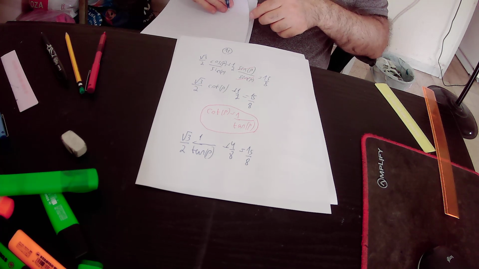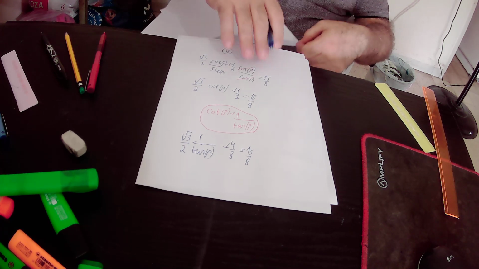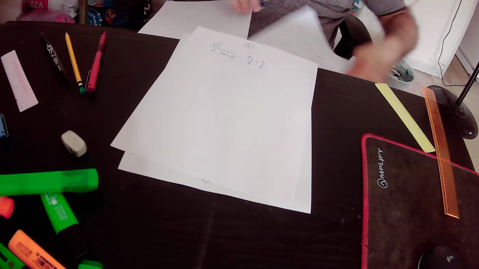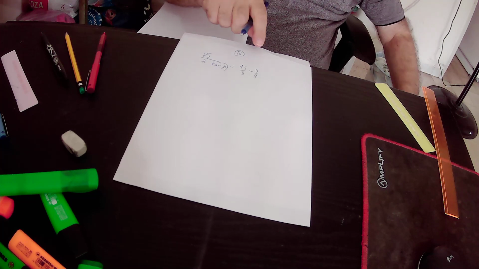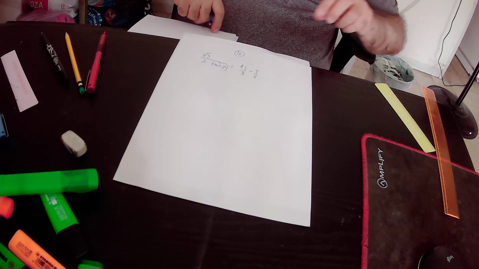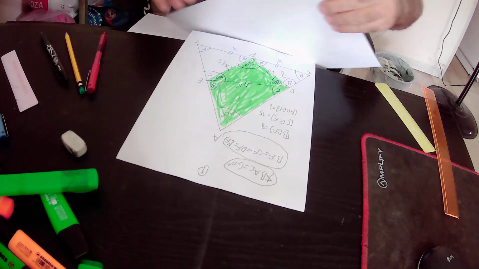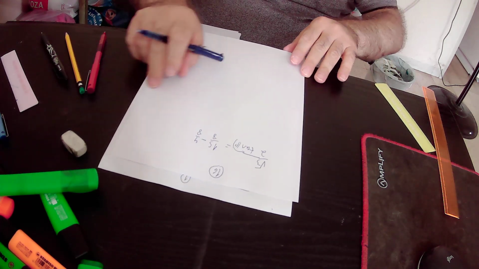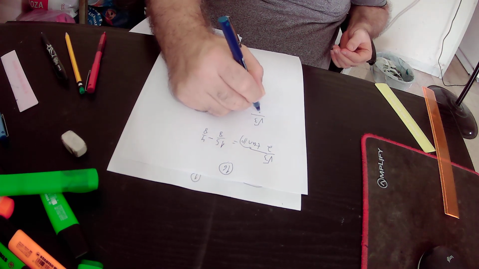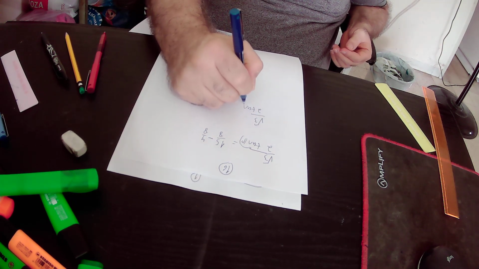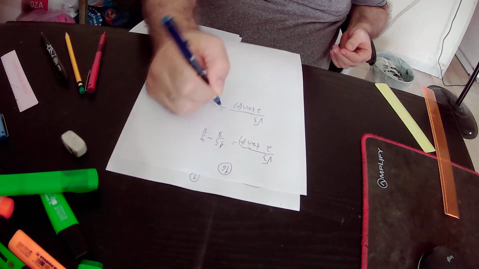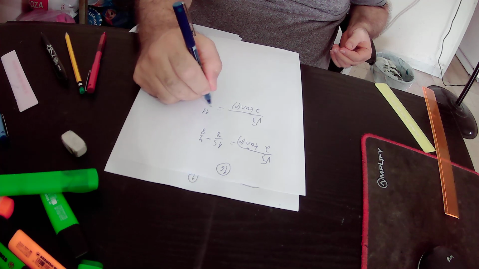So here 15 minus 4 is 11, so I'll write it down. Root 3 over 2 times tangent p equals 11 over 8.